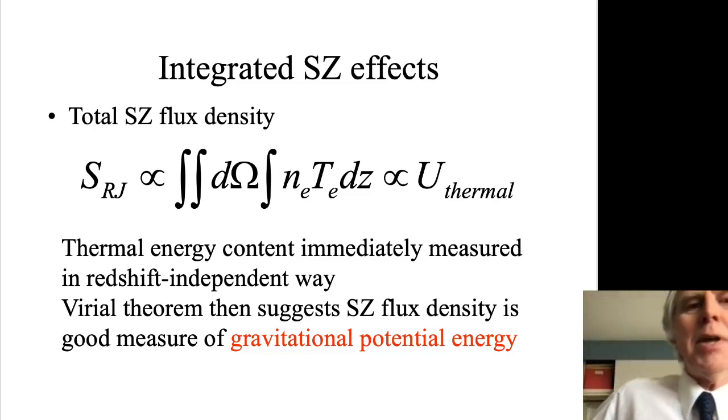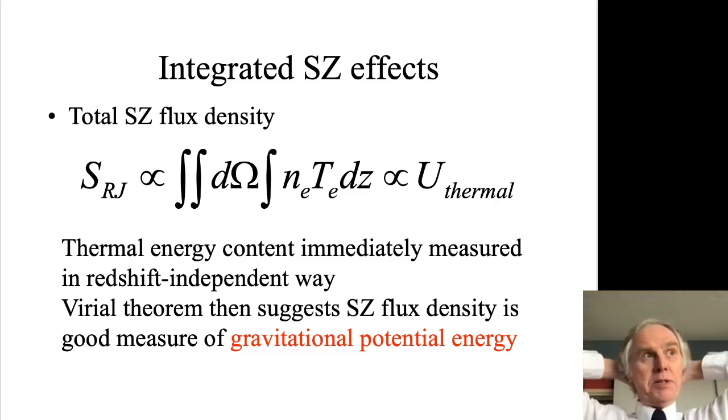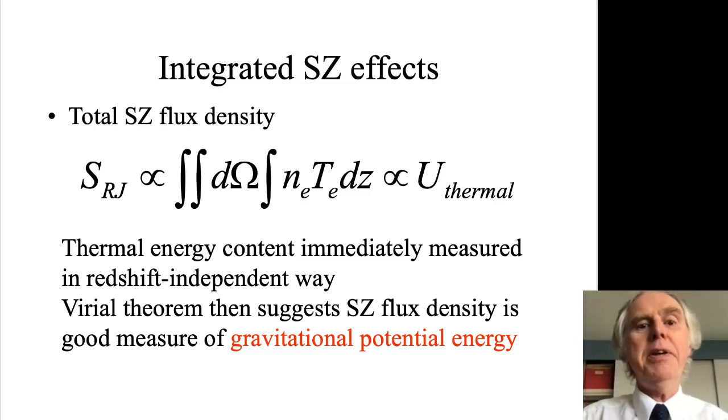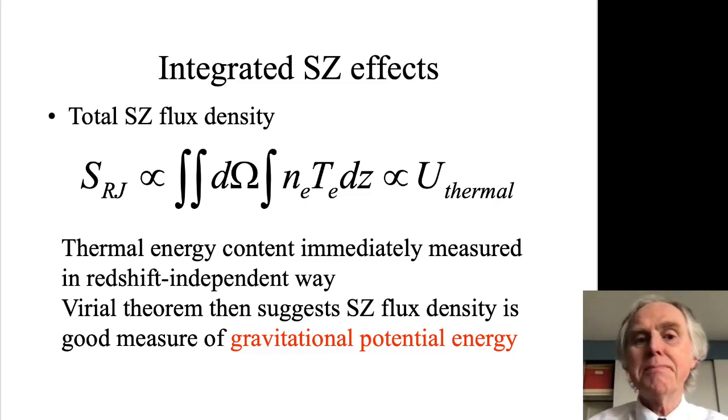Now, that whole thing is proportional to a volume integral of a product of a density and a temperature, or a product of a density and an energy per particle. So what you have here is a total thermal energy content of the entire object that's being described by this S_ν, the flux density of the cluster.